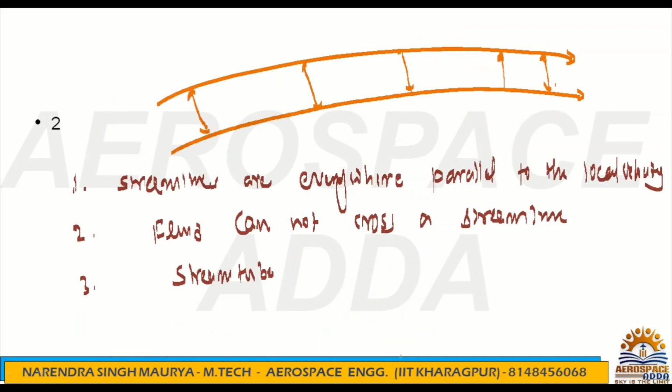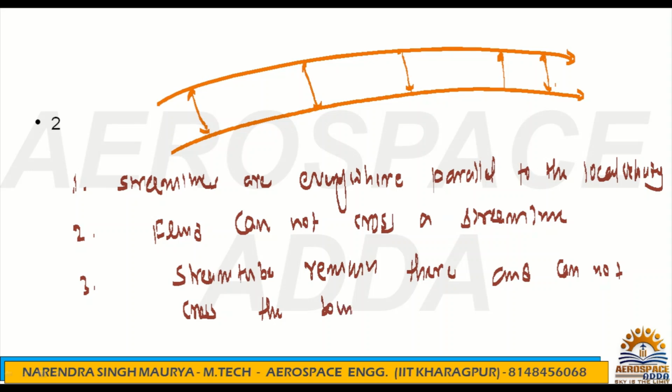So in a stream tube, the flow remains there and cannot cross the boundary of the stream tube.